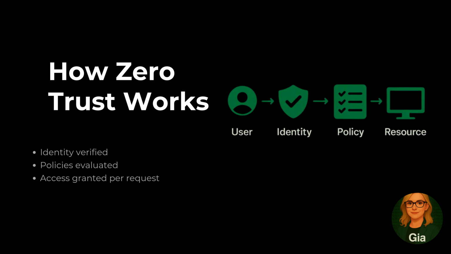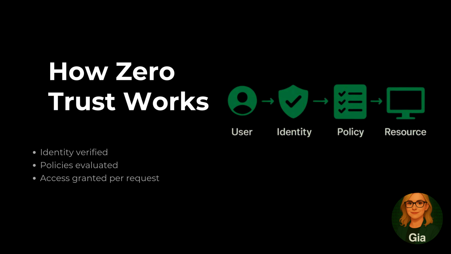Let's walk through the core Zero Trust flow. Everything starts with the user, which could be a person, a device, or a service. That user must prove their identity, often using strong authentication methods like multi-factor authentication, along with device posture checks. Next, policies are evaluated.